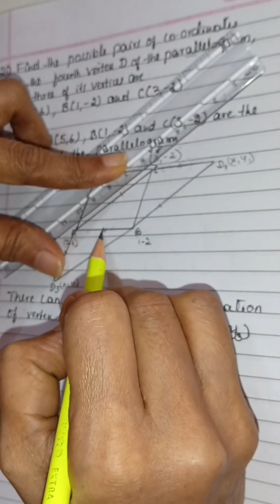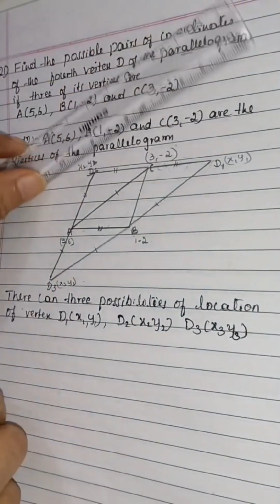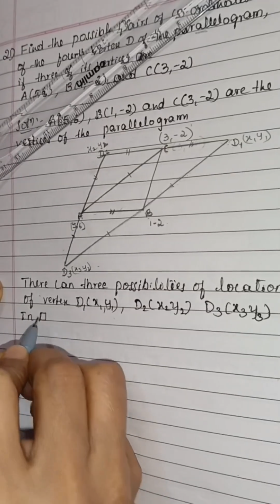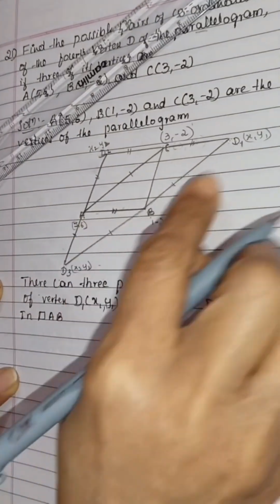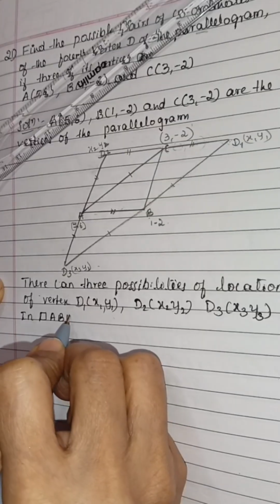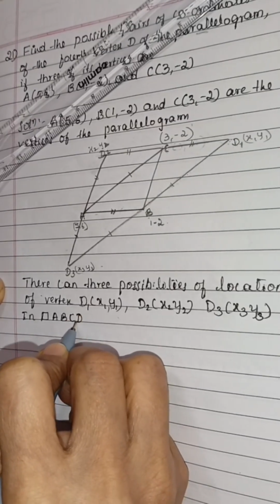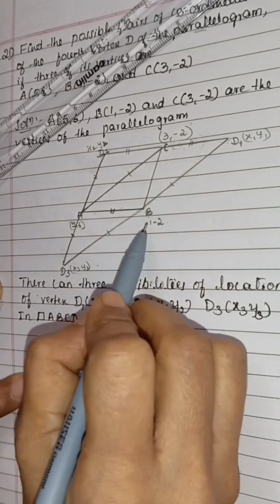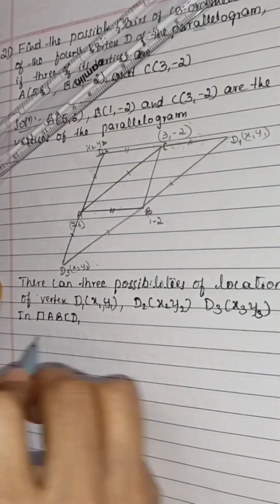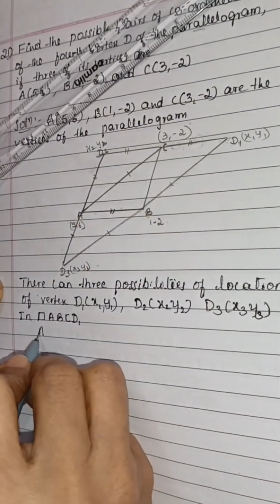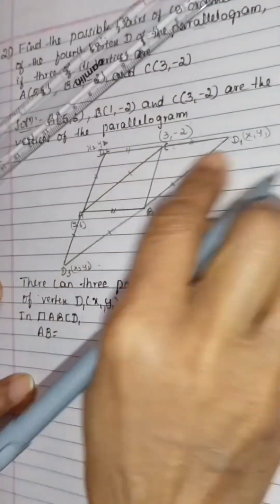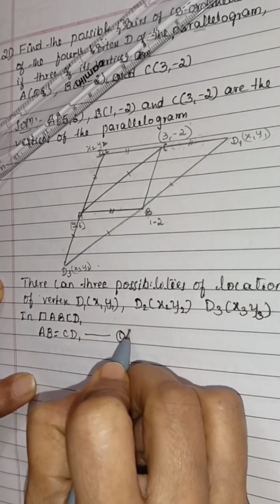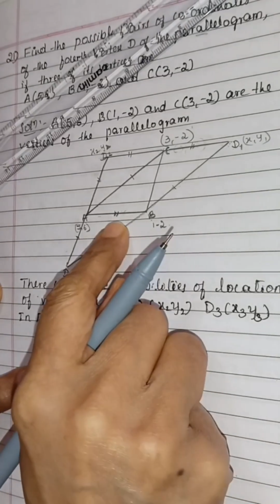Let this be equation number 1, because AB is equal to CD1.